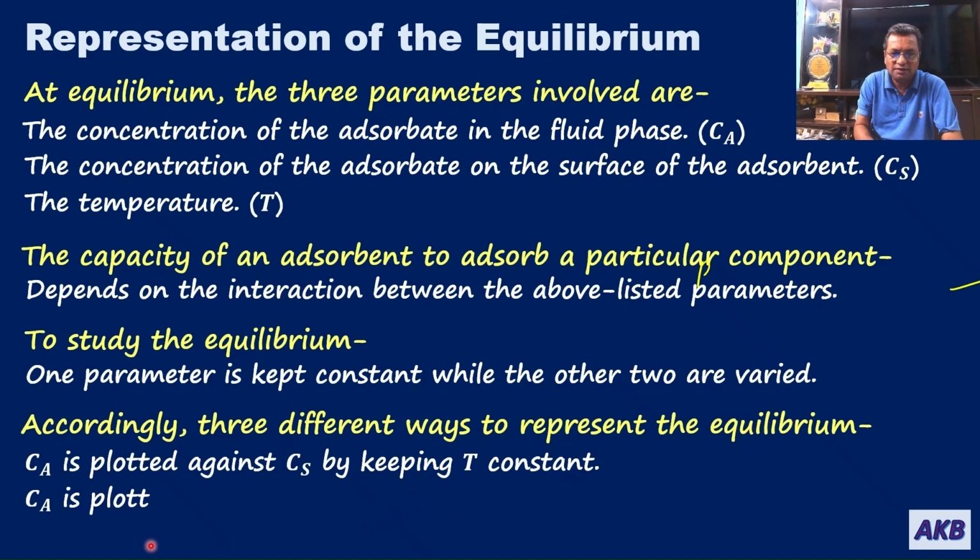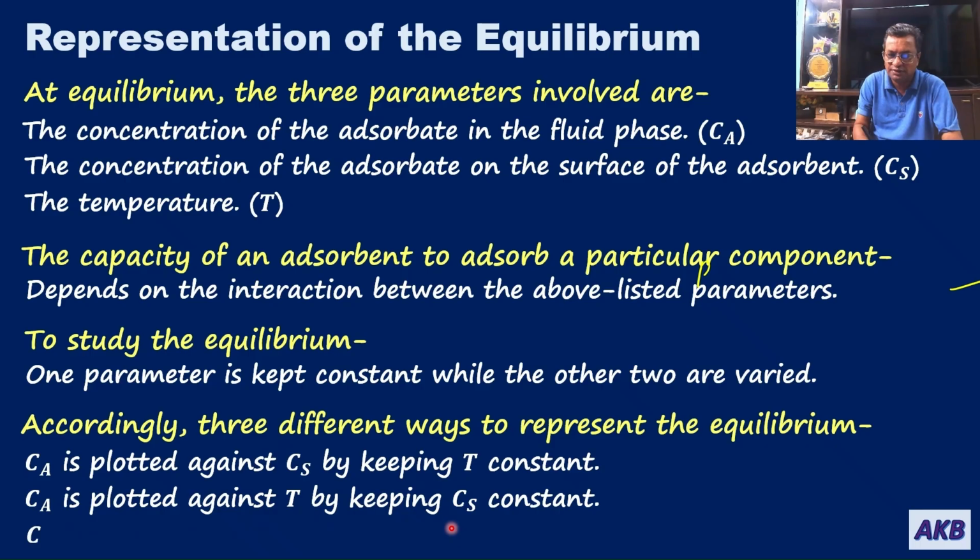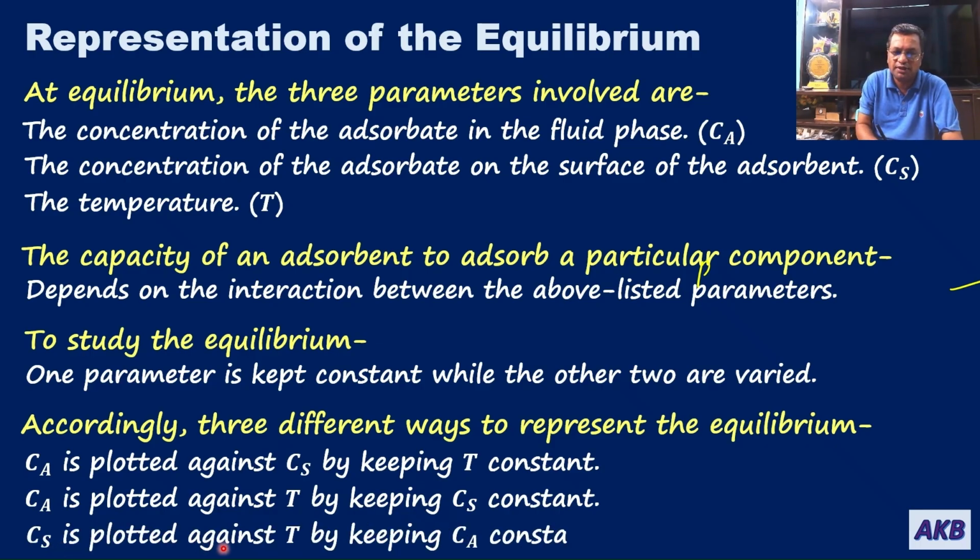Then the other way of representing the equilibrium is Ca plotted against T by keeping Cs constant. And the third way is Cs plotted against T by keeping Ca constant. I have discussed this representation in one of my earlier videos. I have given the link to the entire playlist. Please watch that.